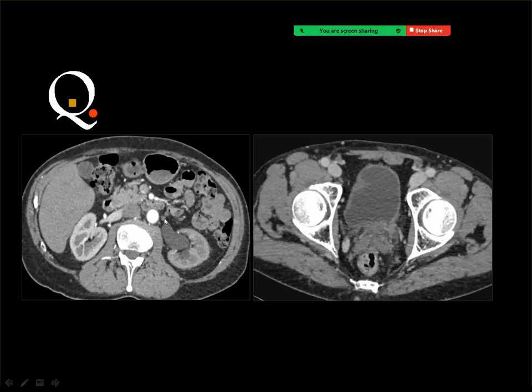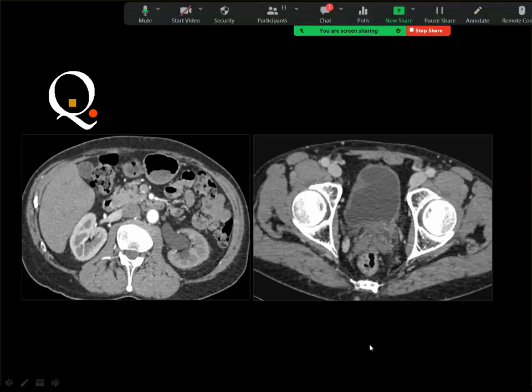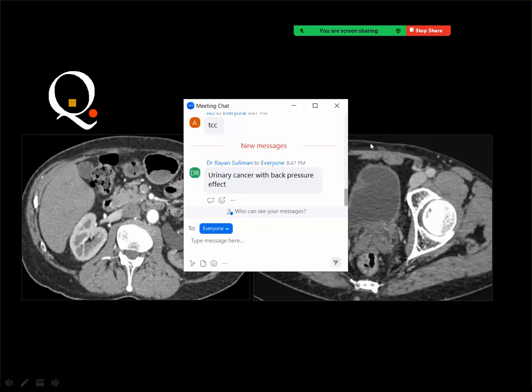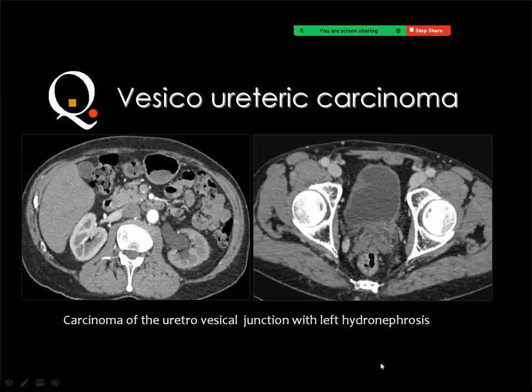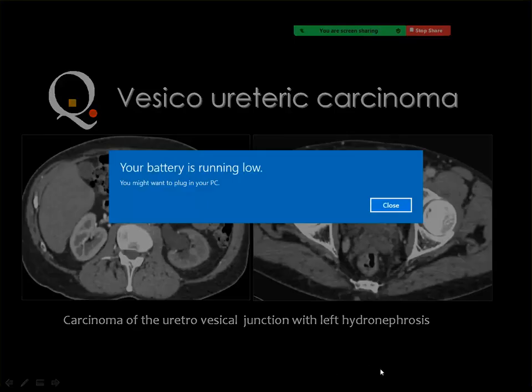And this is the cause of back pressure effect on the left kidney. The diagnosis is urethral tumor or bladder cancer with extravesical extension and proximal back pressure effect.